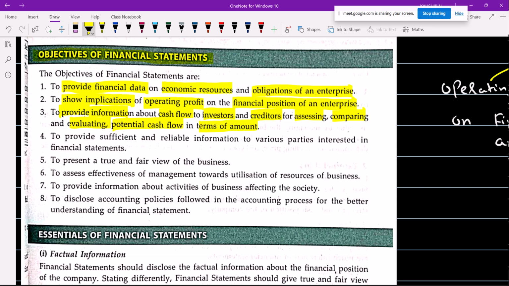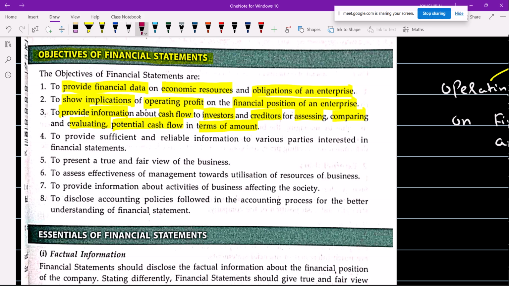Just now we saw there is one more statement called the cash flow statement, which is also a financial statement, and it provides this information to the investors and also to the creditors, for assessing, computing, and evaluating the potential cash flow. That is, what could be the earning capacity, what could be the potential cash flow in terms of amount. So here also you do not mug up. Again, I'll give you an easy mnemonic to understand.